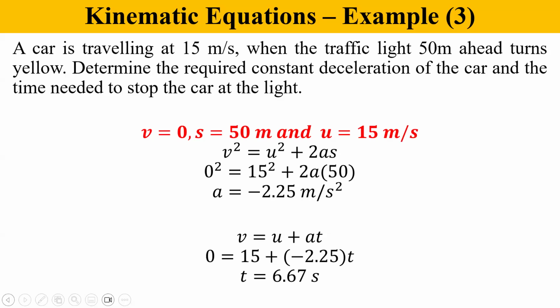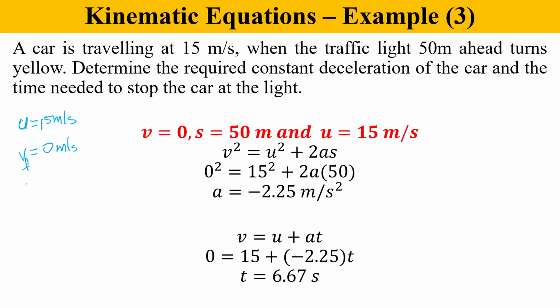So again, you know that your initial velocity, the velocity that you're moving with, is 15 meters per second. When you stop, you would have come to a stop point, which becomes the final velocity of 0 meters per second.